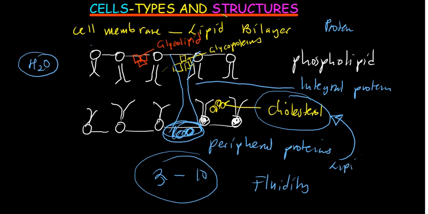So what happens is when it is too hot, instead of the cell being able to melt, the cholesterol is going to come in and make sure that the cell maintains the rigidity. And when it is too cold, instead of the cell being able to more like freeze, cholesterol is going to come in and make sure that the cell doesn't freeze. So that is the importance of cholesterol. It is a very important molecule. So it is there for stability of the cell.